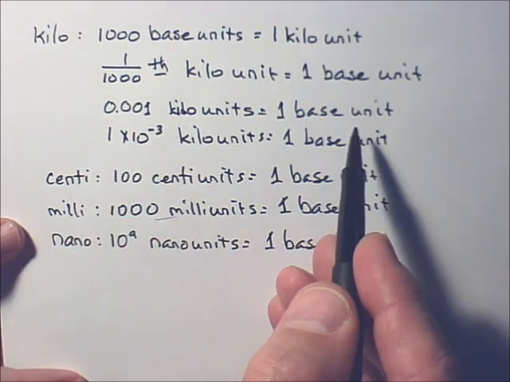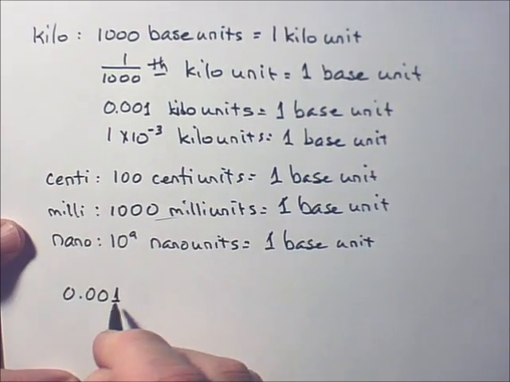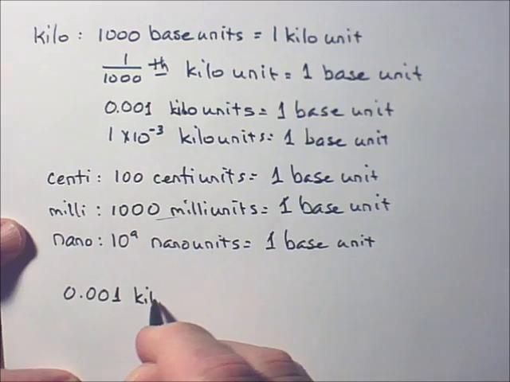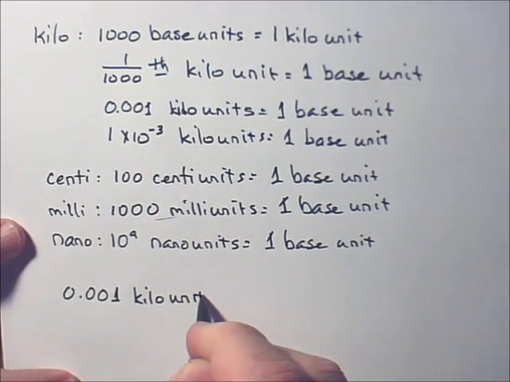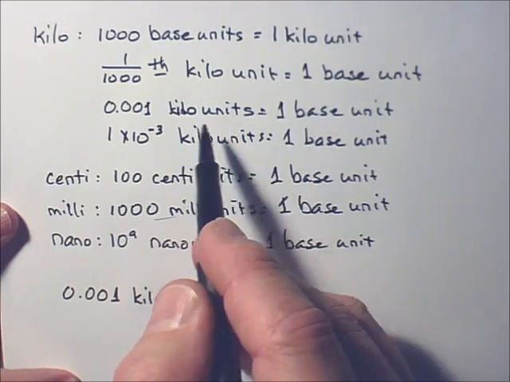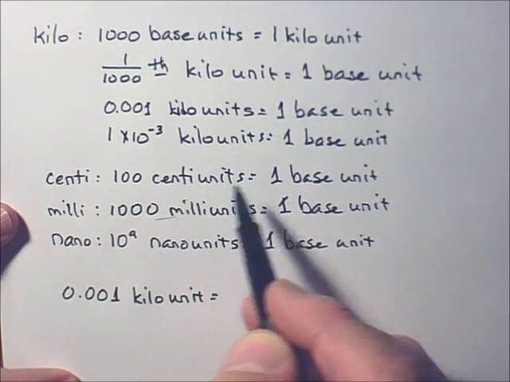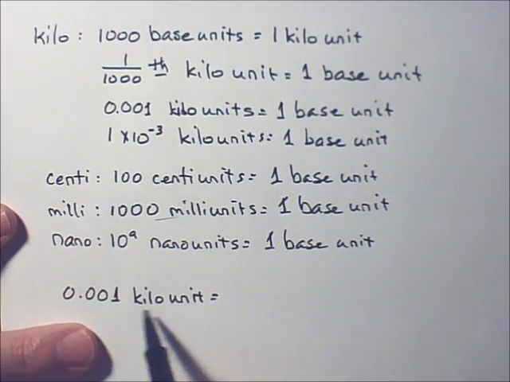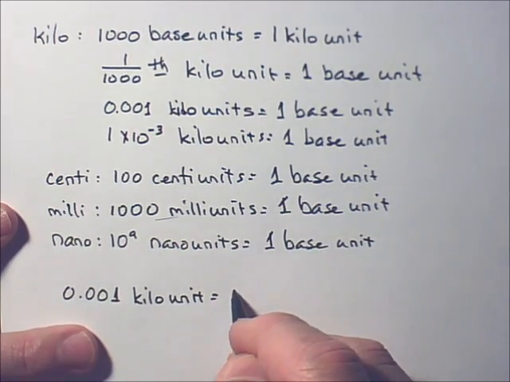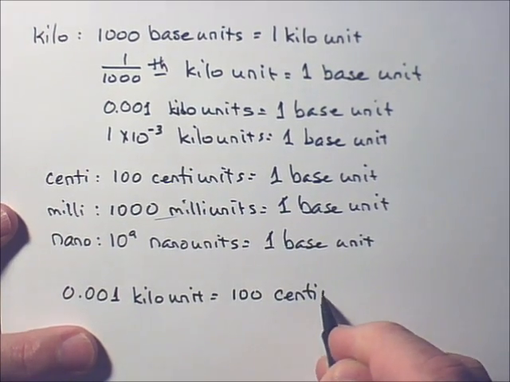Now, let's take one and simplify it. Let's take 0.001 kilo unit and put that equal to the centi units. Since this many kilo units equal a base unit, and this many centi units equal a base unit, then this many kilo units is equal to 100 centi units, right?